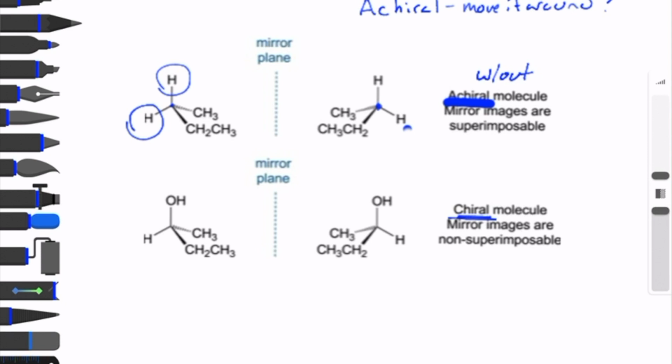If you have two or more functional groups on here that are the same, there's a strong chance that it will have the ability to be achiral, and you can superimpose them, because you can play around with these other two carbon functional groups if these hydrogens here don't have to be relevant, if that makes any sense.